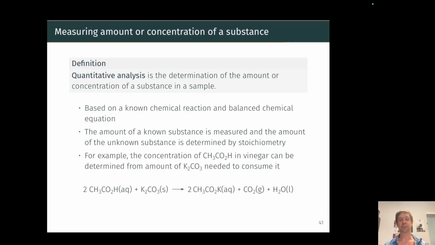I add that to my vinegar sample, keep adding it until all the vinegar is consumed, and based on the mass of K2CO3 that I added and the volume of the acetic acid solution, the vinegar that I started with, I can determine the molarity of acetic acid in the vinegar. This is a kind of high-level idea of what goes on with quantitative chemical analysis. We take a known substance, known concentration, known mass, some measurement of that known substance, and apply that to determine some quantitative information about an unknown substance.